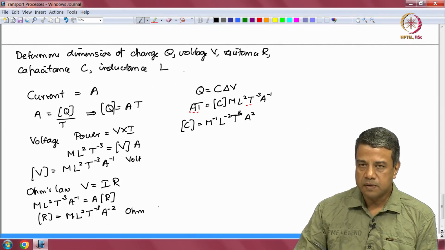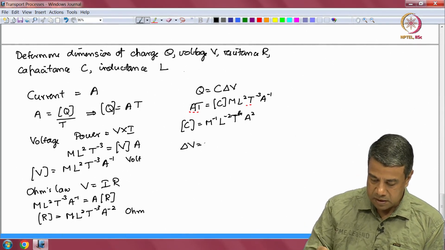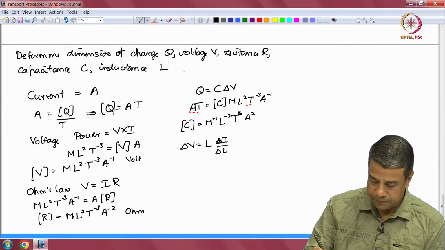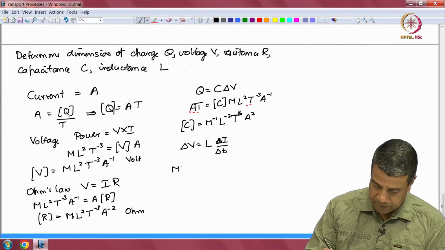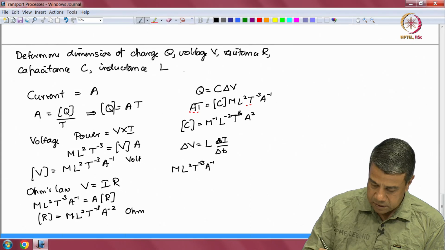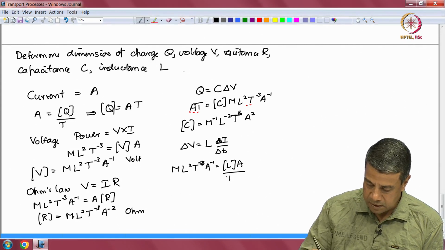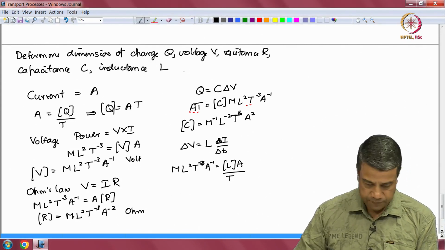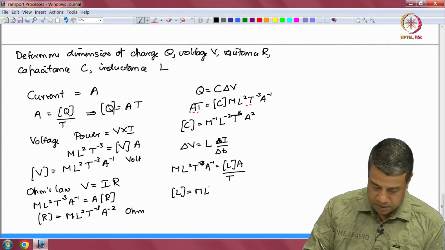And inductance is determined from the rate of change of current. Delta V is equal to L times the rate of change of current with respect to time. Therefore, m L square t power minus 3 A inverse is equal to the dimension of inductance times A divided by T. Therefore, the dimension of inductance is m L square t power minus 2 A power minus 2.